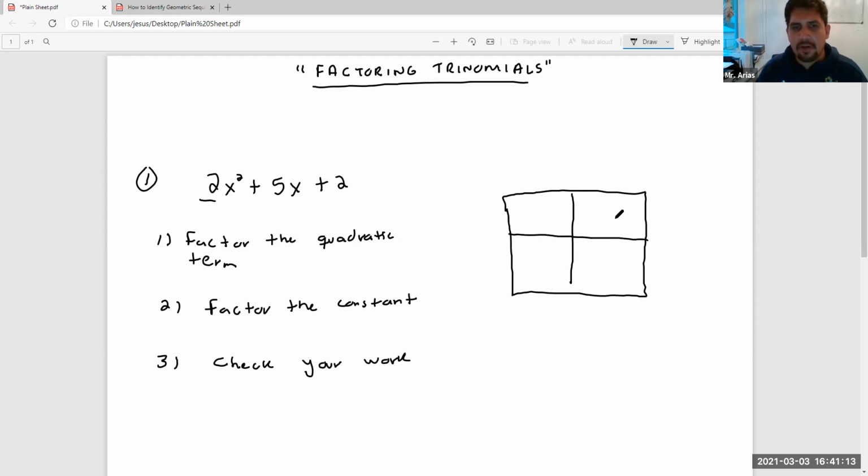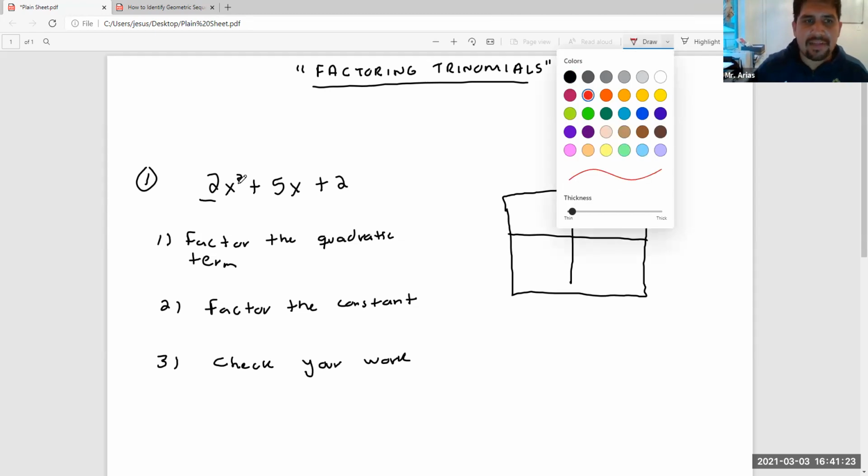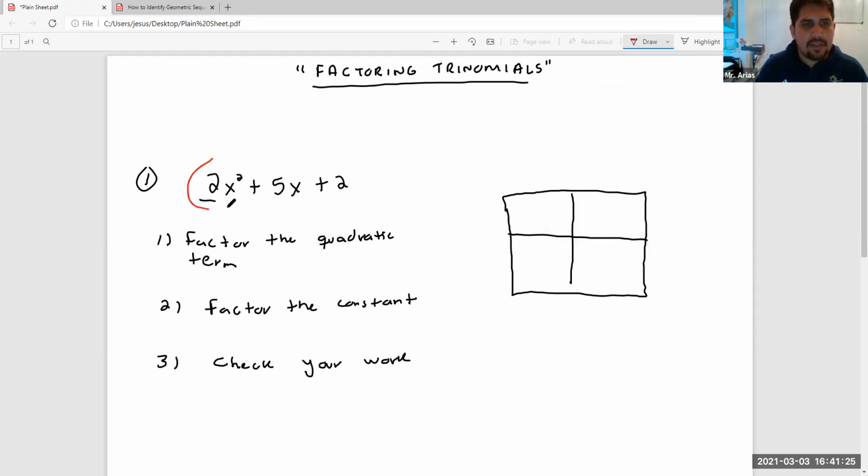So if you notice, step 1 says that we have to factor the quadratic term, which in this case is the 2x to the power of 2 in my trinomial. So I'm going to highlight this in the meantime. And then the second step, just to quickly go over that, is to do the same thing. We have to factor, but now what we have to factor will be the constant, which in my trinomial is positive 2.